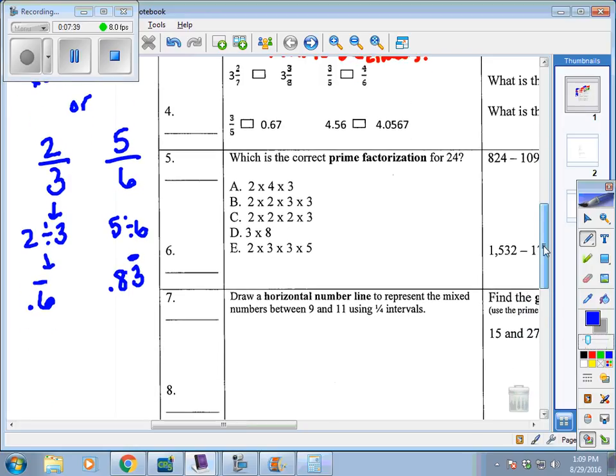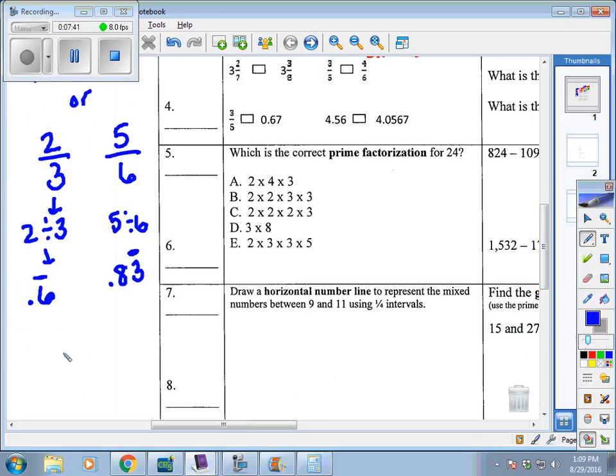Now, just like we did on review sheet number 1, we're going to take those and stack them up. So this is going to be 0.83, and we don't want to list out all those 3's, we're just going to go to here. And then I'm going to do 0.6, and I'm going to put another 6, because again, that's 6 repeating. Remember, when we're comparing decimals, we work our way from left to right.